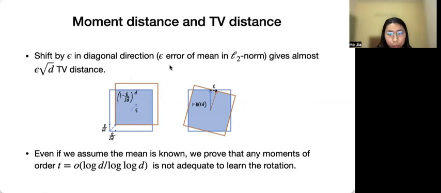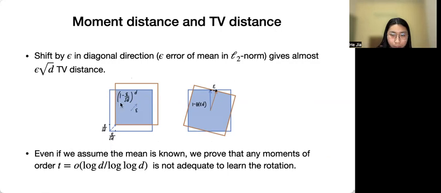So we shift it by epsilon in L2 norm. Because it's the diagonal direction, that is all one direction, each coordinate is shifted by epsilon over square root of d. Now we can compute the overlap between these two cubes.